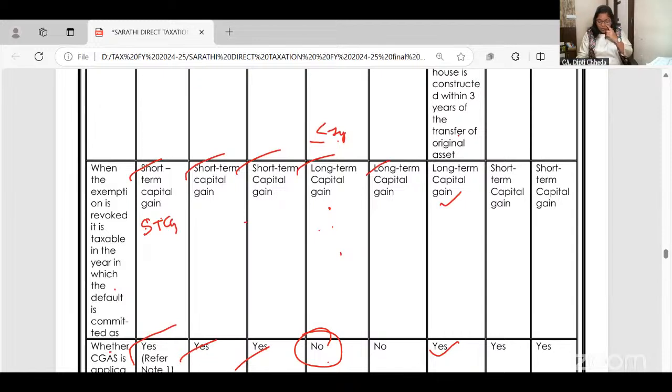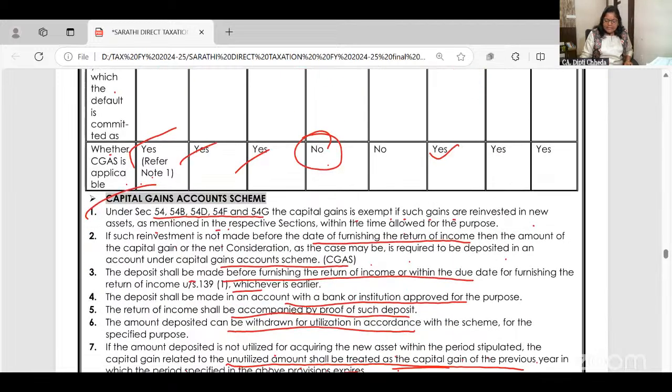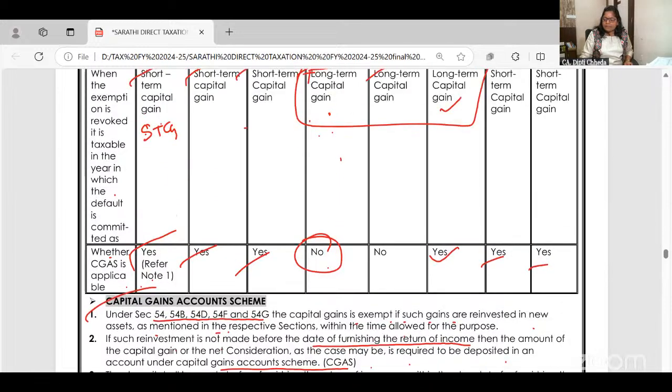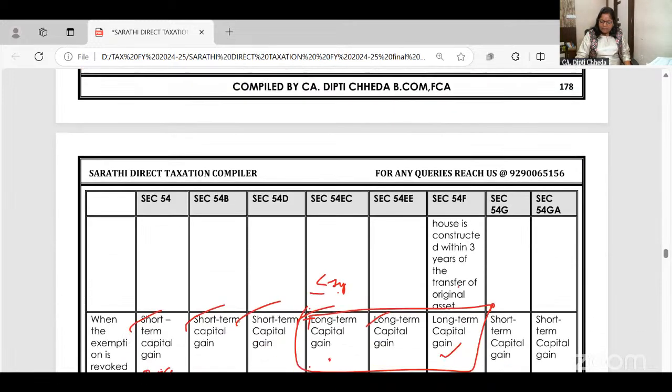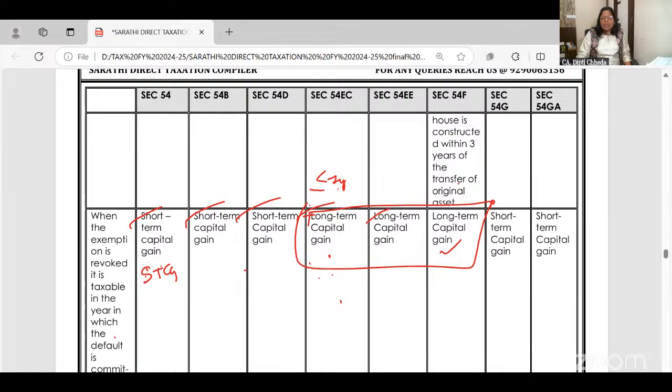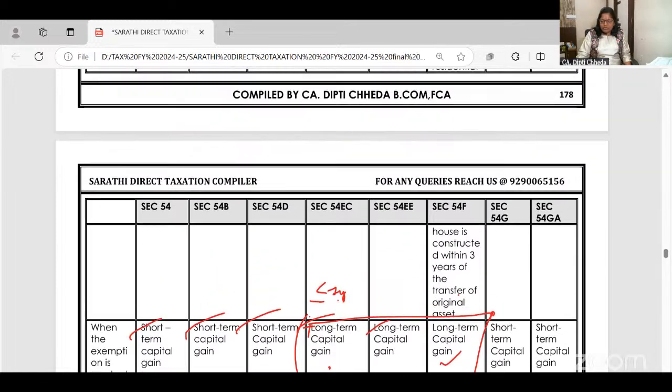When it is revoked, it's going to be taxable as short-term capital gain. CGS is applicable. Why short-term capital gain? Because it's sold within 2 years, 3 years.